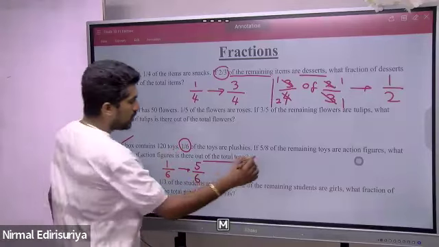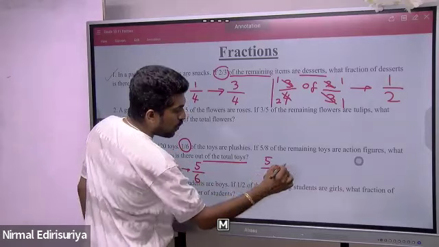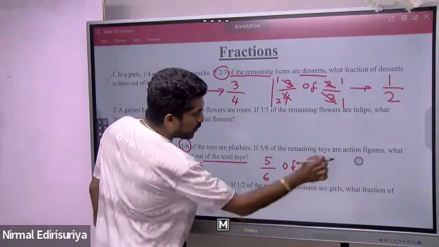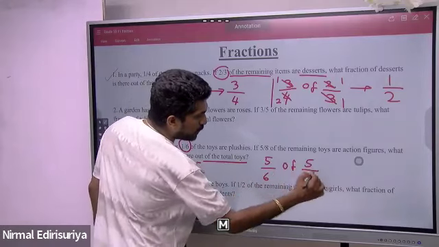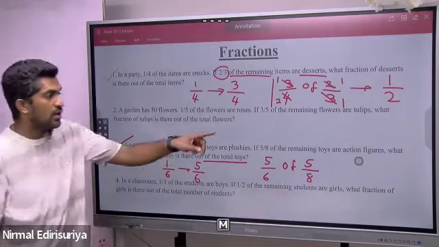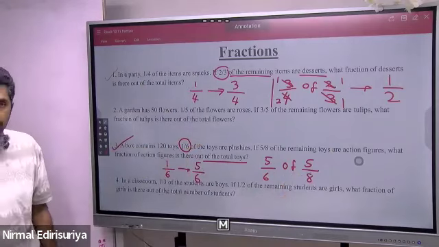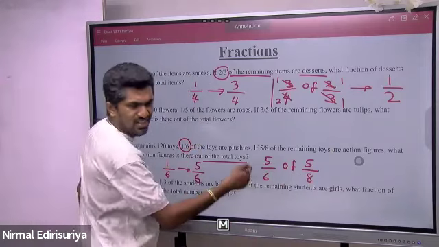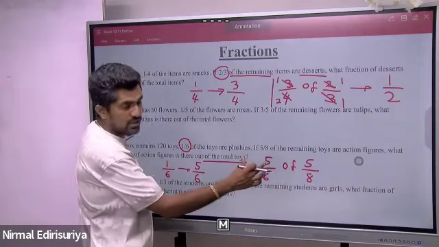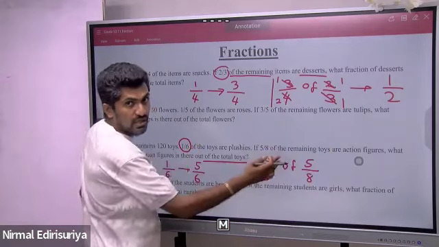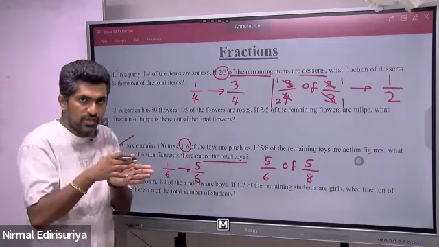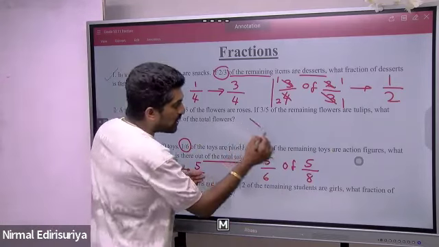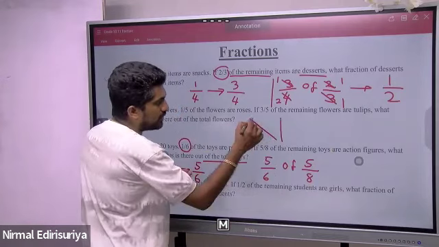From this remaining, 5 over 8 are action figures. Here you can't do the cross simplification, don't get it jumbled. 5 to 5 you can't cut. When doing cross simplification, you have to do it in a cross way or vertical way.